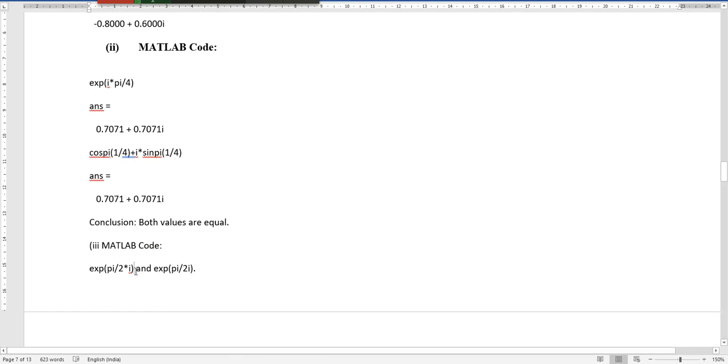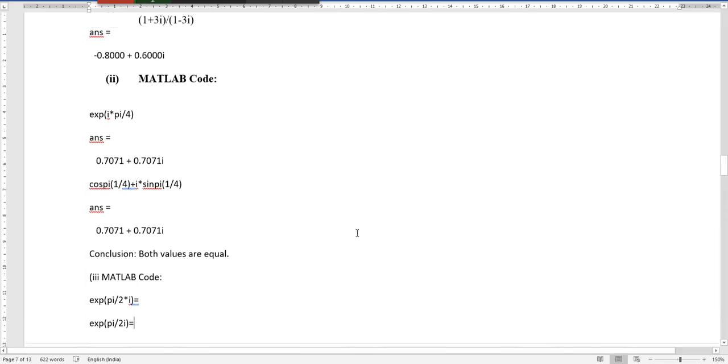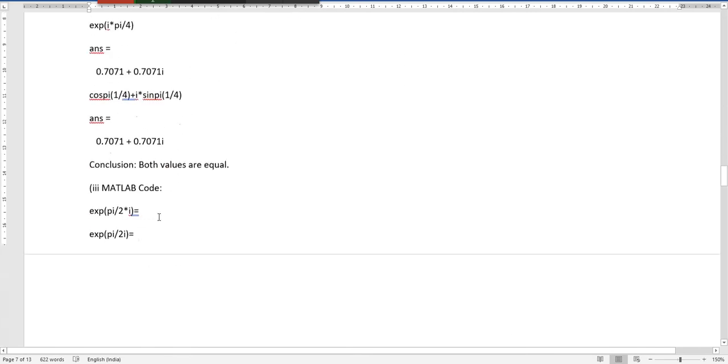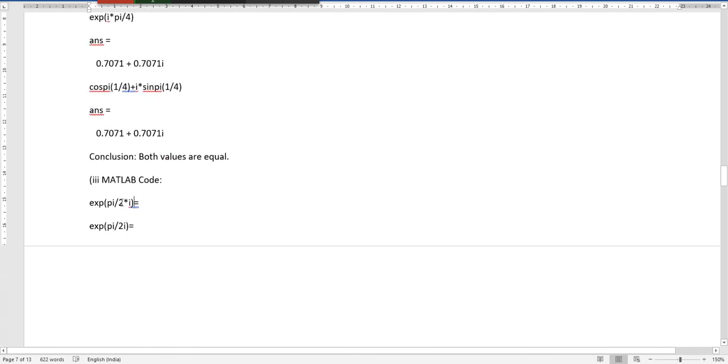I will calculate both the values. Then finally I will explain the difference between these two. Very important point, we will discuss one by one. So what is our observation? 2i.